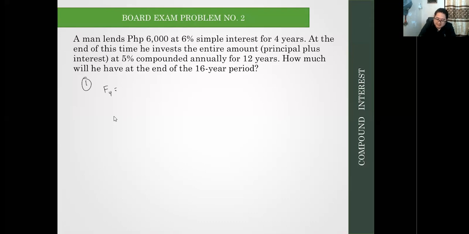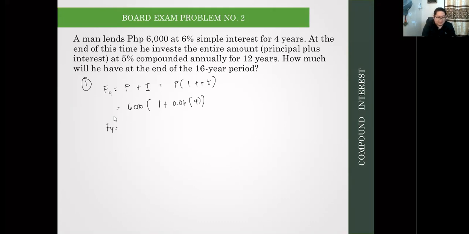So yung future value natin after 4 years, using yung formula natin for simple interest is principal plus yung I natin. So P times 1 plus RT, no? So this will be 6,000 times 1 plus yung rate natin na 6%, tapos yung time natin na 4 years. Okay?